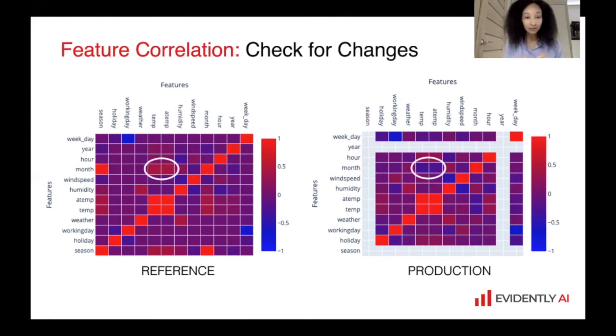And you can easily, okay, not that easily, but you can see that the correlation between month and temperature was positive during the training, and it gets negative during production. And this is exactly the signal we want to catch from this correlation analysis.